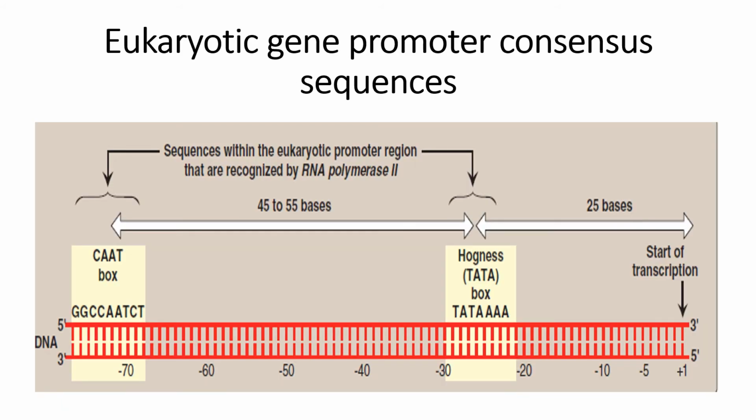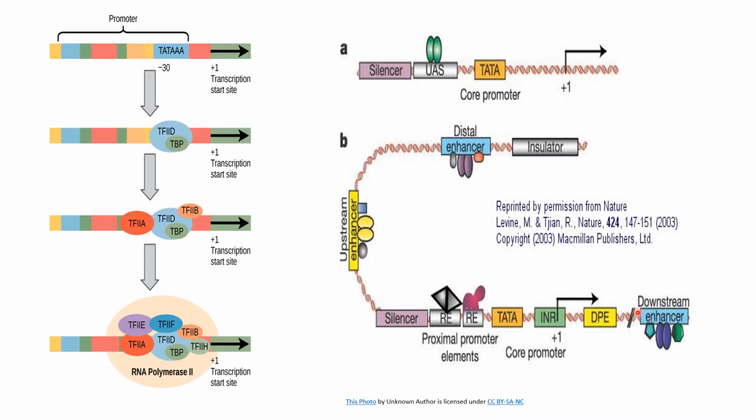In eukaryotes, a complex promoter region is present, such as the proximal promoter region, distal promoter region, as well as the core promoter region. The core promoter region in some genes contains the TATA box or Hogness box, but in most cases, instead of this box, there is another promoter region, the downstream promoter element, or there is the initiator box in most of the genes.